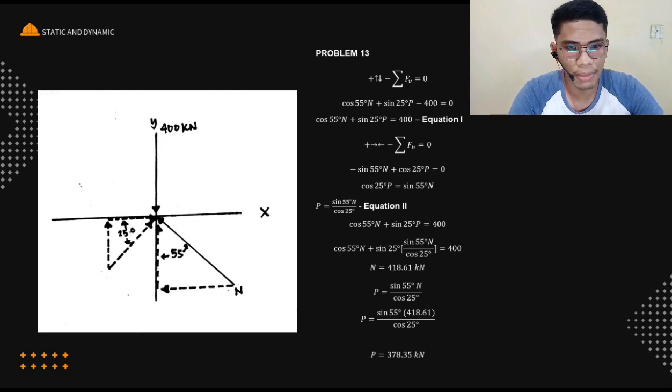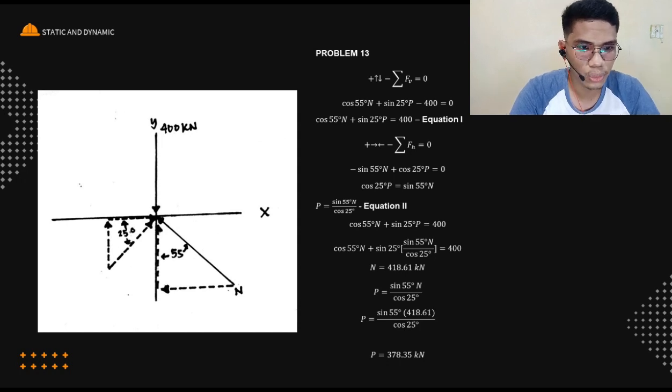Minus 400, yung pababa nga po nating weight, is equal to 0. So, cosine 55 degrees N plus sine 25 degrees P, then transpose po natin yung negative 400 sa kabila para makuha po natin ang equation 1 natin. So, cosine 55N plus sine 25P is equal to 400. Yun po ang ating equation number 1.